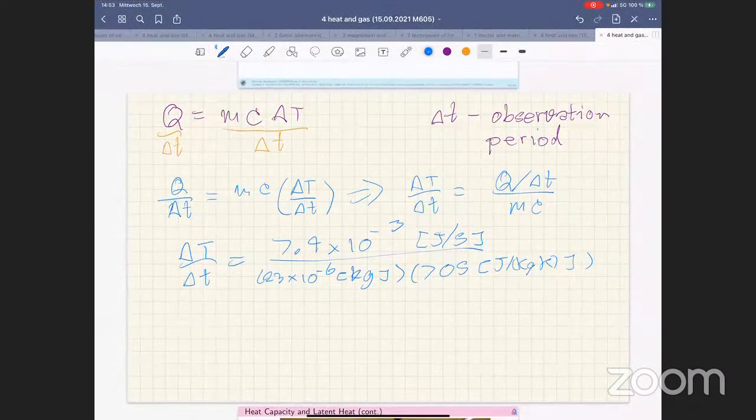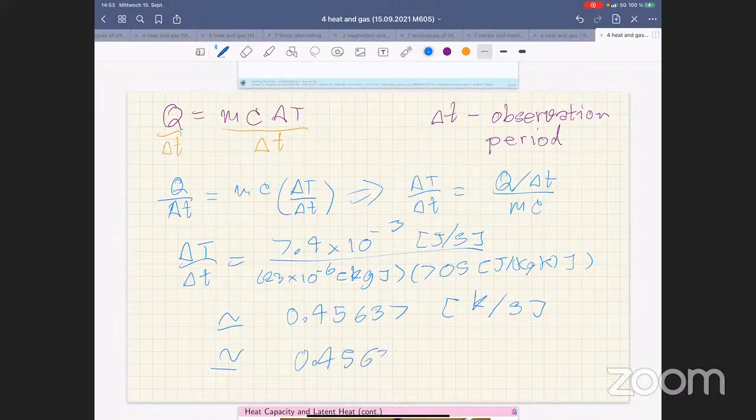It's equal to 0.45637. It's Kelvin per second, right? Or it's the same thing, 0.45637 degree of Celsius per second, right?